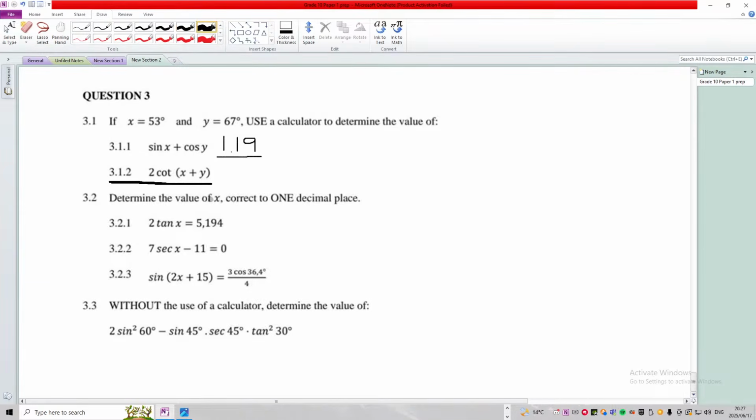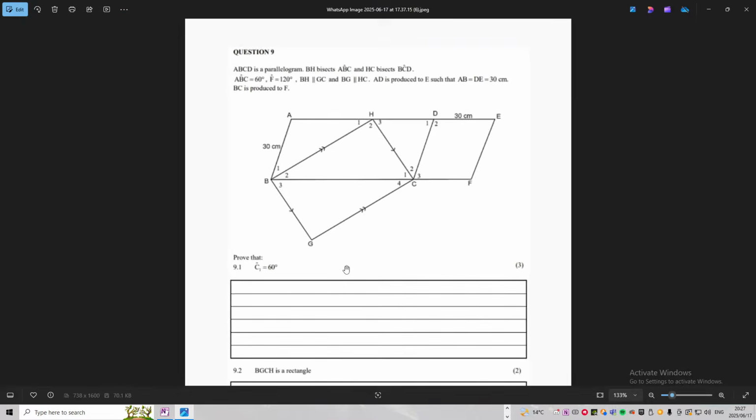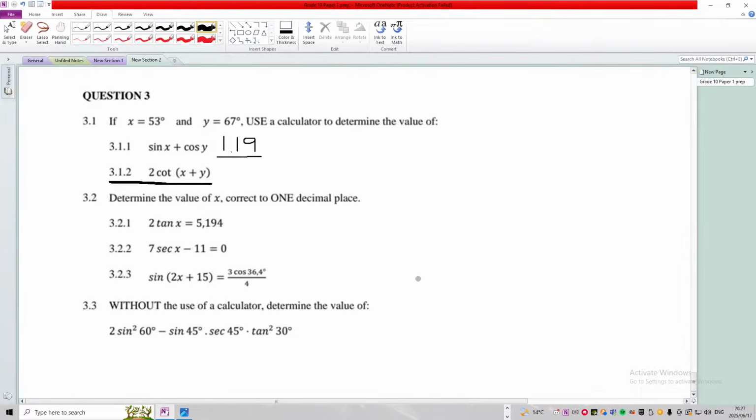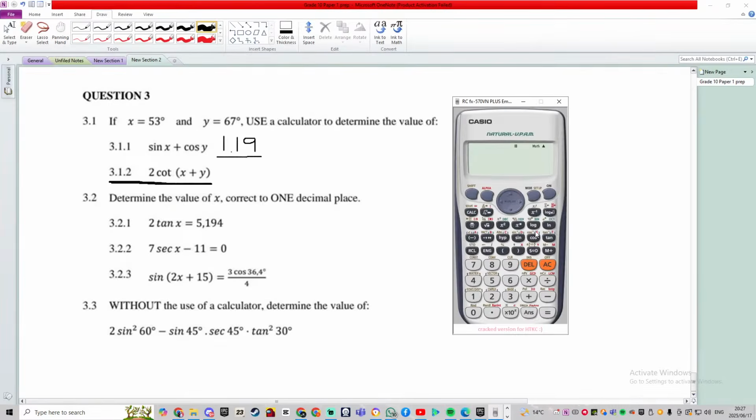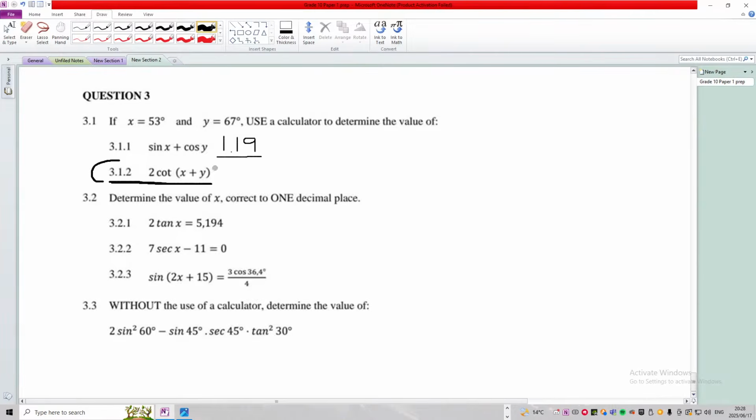Because now it's 2 cot x plus y. And yeah, I thought it's easy marks. No, it's not. For a fact, there will be some mistakes. Let me just check something. Okay, let me not go and fiddle about with my calculator. Never mind. 3, 2, 4. But I can guarantee you, Senzu, you got this one wrong.